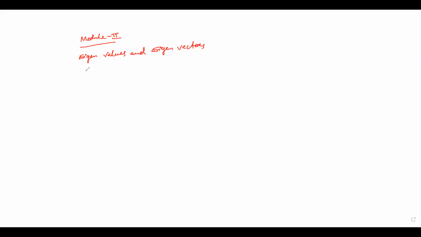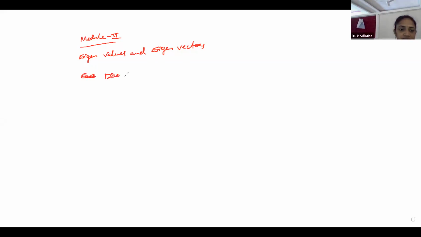And what is our next topic? The next topic is diagonalization of a matrix. Okay, diagonalization of a matrix. And what is our next topic?